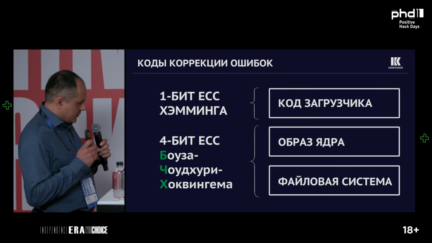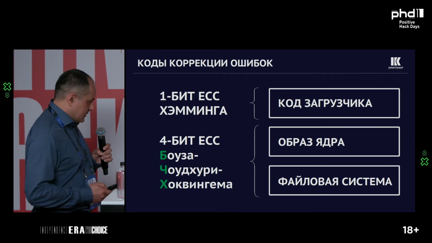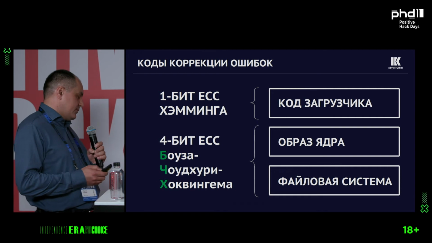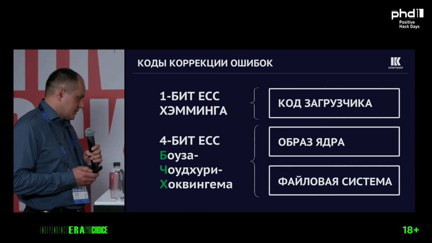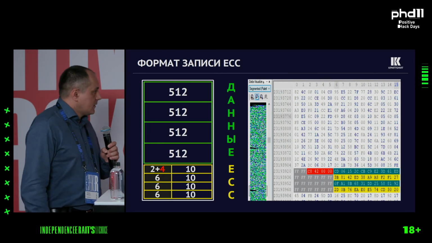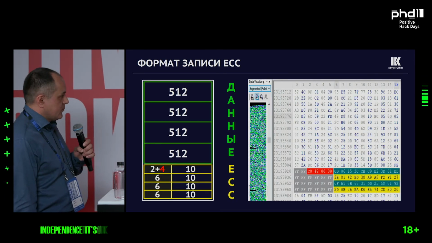Reed-Solomon is used for all types of memory, the core and the file system. It uses the code to correct the mistake.